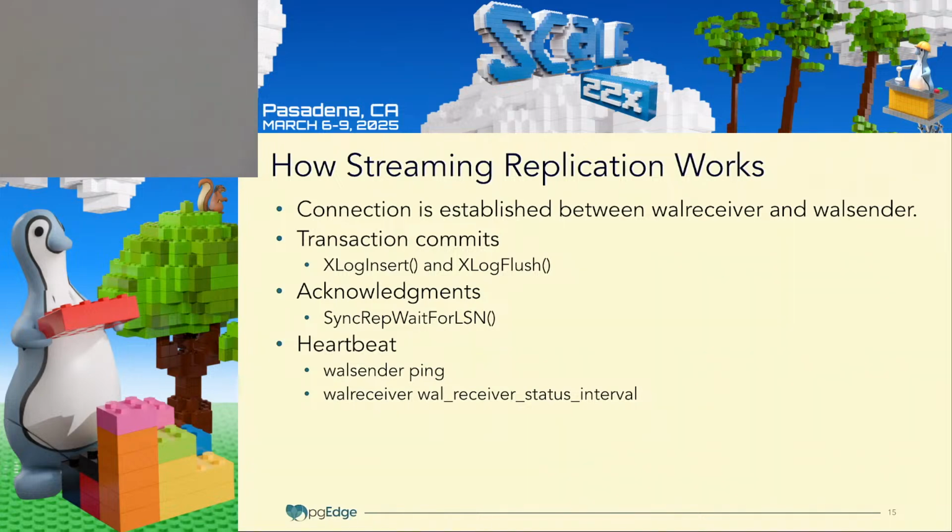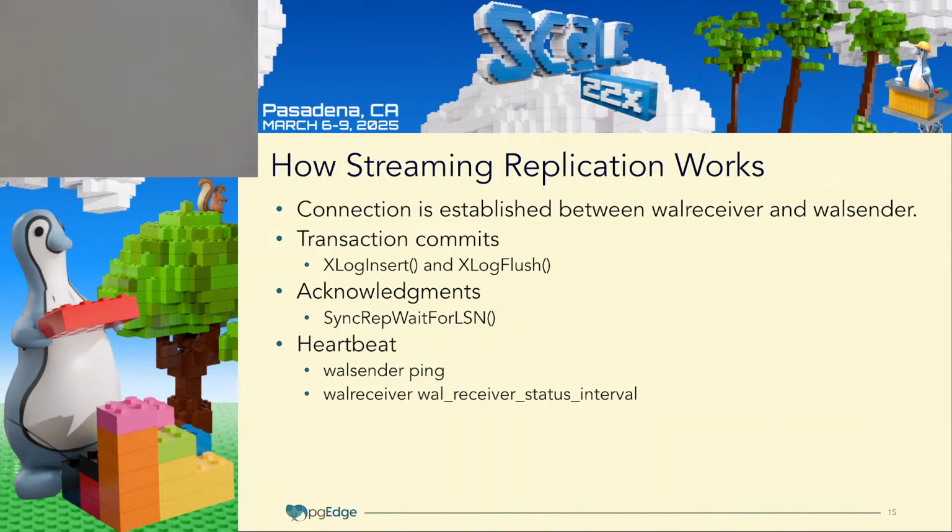They wait for different acknowledgements. There are three different kinds of acknowledgements that a WAL sender would wait for, depending again on your configuration. The first one is whether the data has been received or written. The next is whether the data has been flushed on the standby. And the third one is whether the data has been applied.